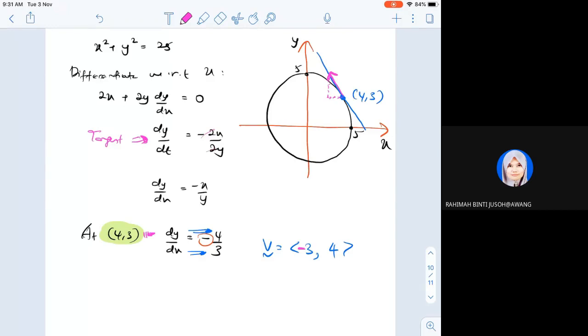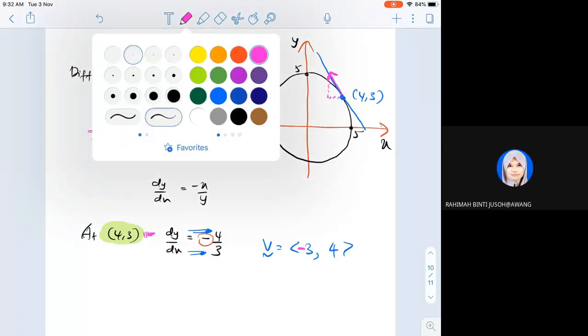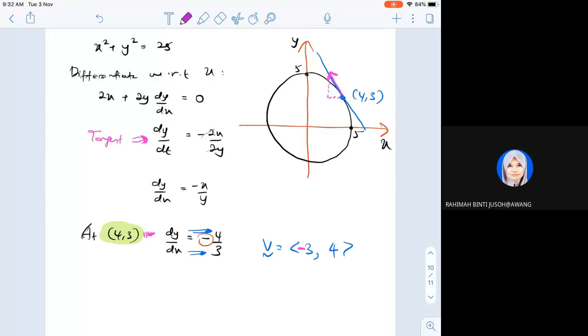Understand, guys? If to move downward, let's say saya pakai marker pen purple. Purple ni parallel vector juga, tapi ke bawah. If I decide to put the parallel vector of the tangent line as the downward vector, should I move to the right or left first?